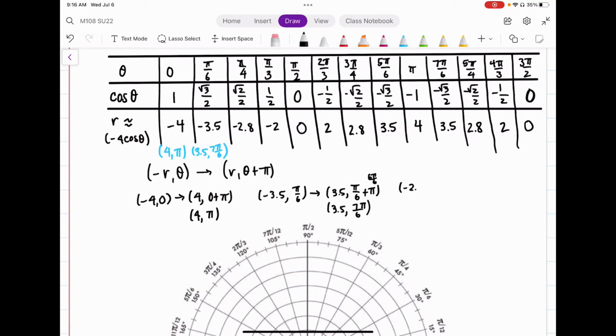The point -2.8, pi over 4, using the same approach, becomes the positive r value, and then we take pi over 4 plus pi, that is 4 pi over 4, so that I can add a fourth pi plus 4/4 pi to get 5/4 pi.